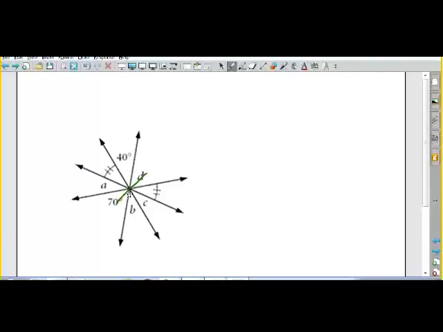I'm going to draw a line connecting these two angles are opposite each other. These two angles are opposite each other. These two angles are opposite each other. And those two angles are opposite each other. So if you have more than two lines intersecting, you still have vertical angles, and the vertical angles are still equal to each other. So let's remove those lines and just look through this thing.